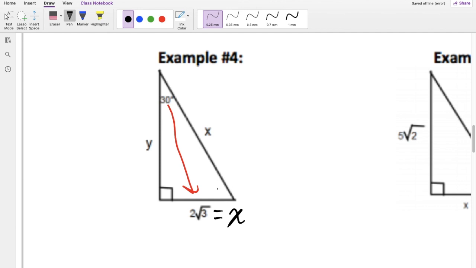Down here is going to be our 60 degrees, and the opposite of that is going to be our long leg, which is going to be x times the square root of 3. And our hypotenuse is always going to be 2 times that x. So again, you can use whichever variable you want. I'm just used to using x. You could use smiley face, you could use alpha, whatever.